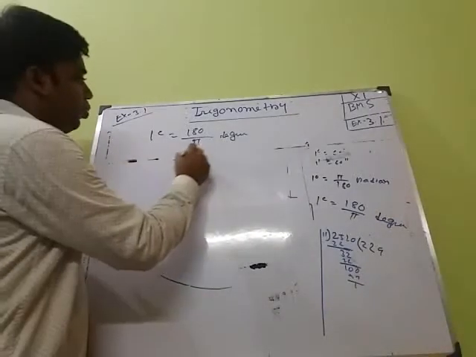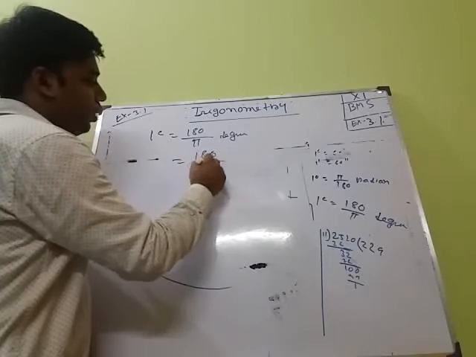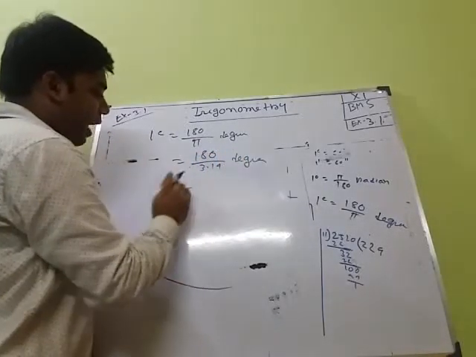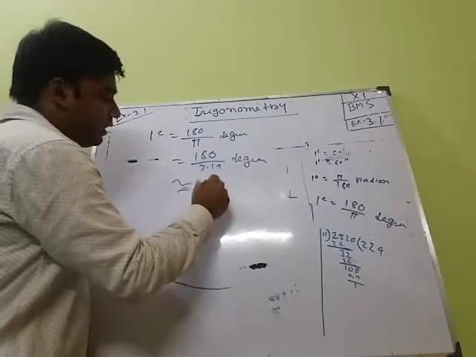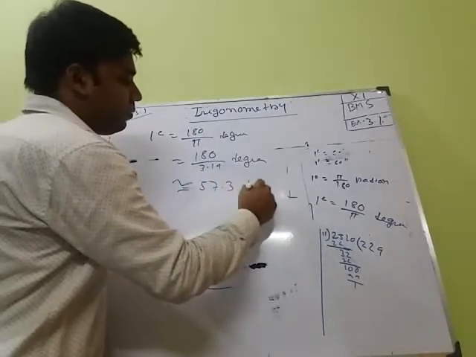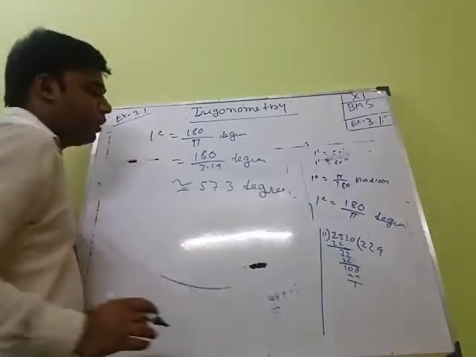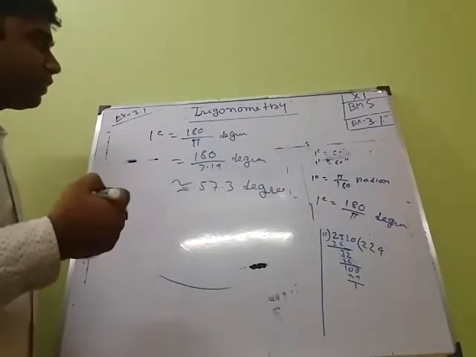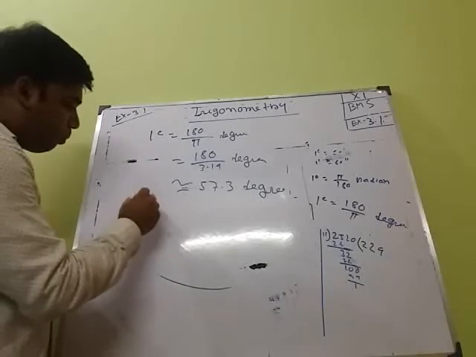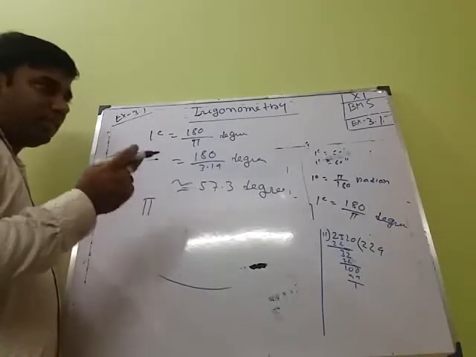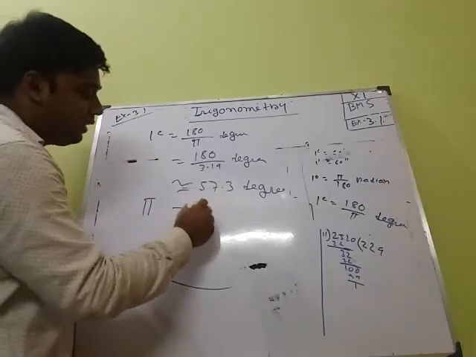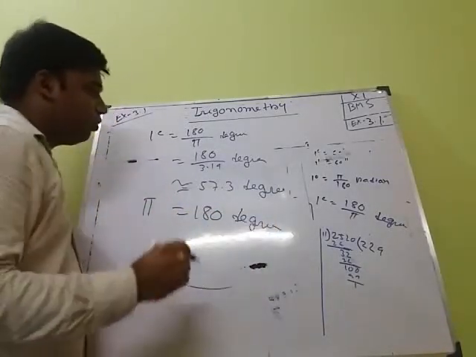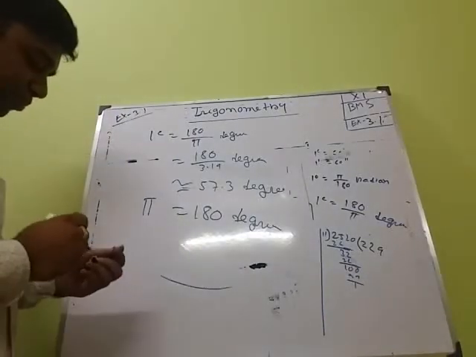If I put 3.14 in place of pi, you will get approximately 57.3 degree. In class 11 and 10, we take pi radian equal to 180 degree. Okay, pi equals 180 degree.